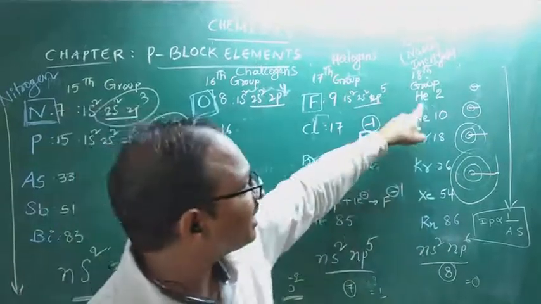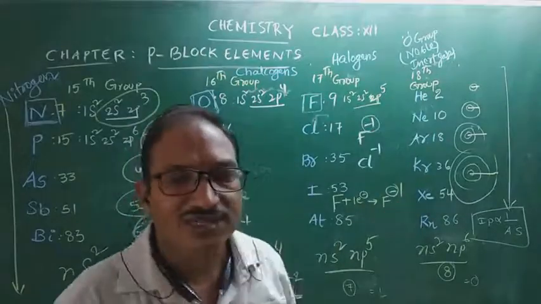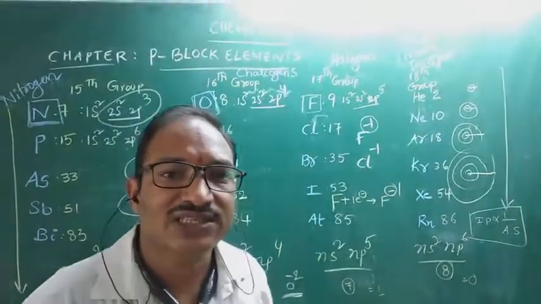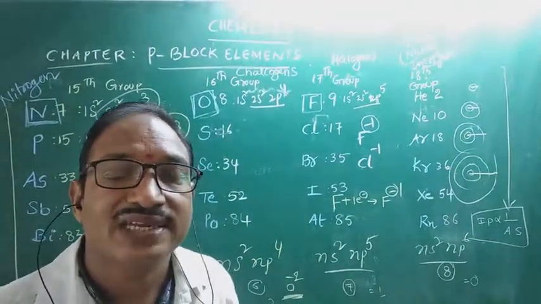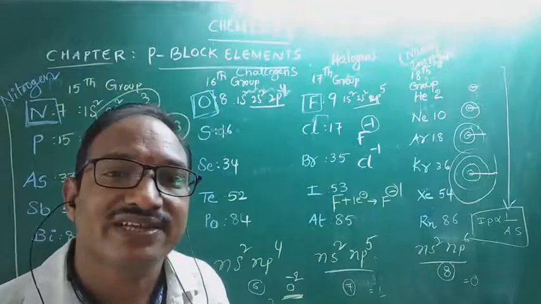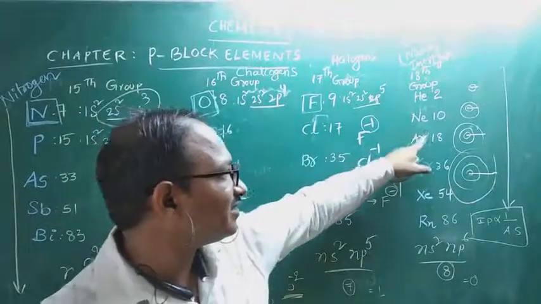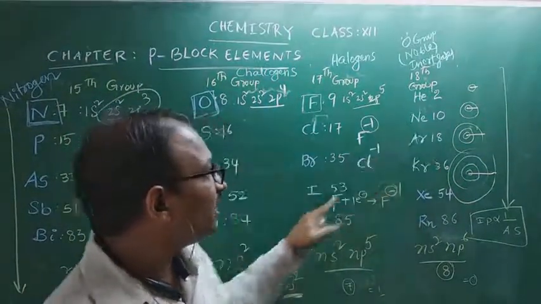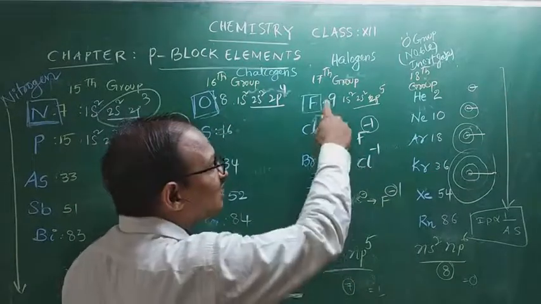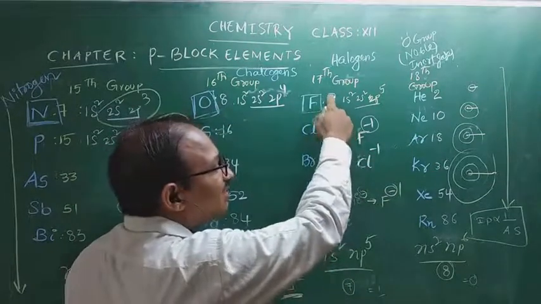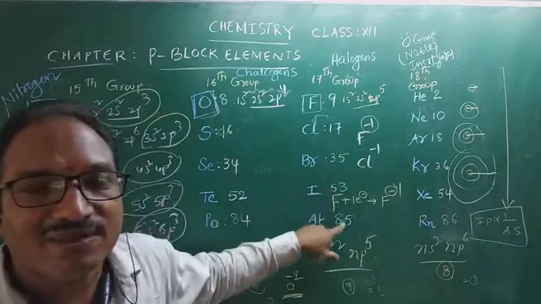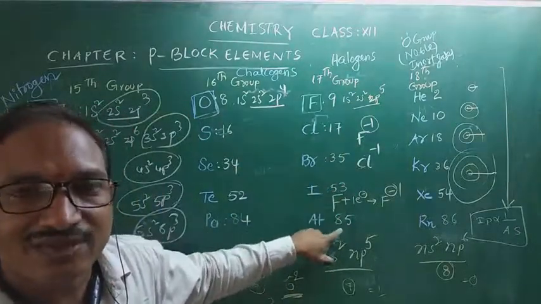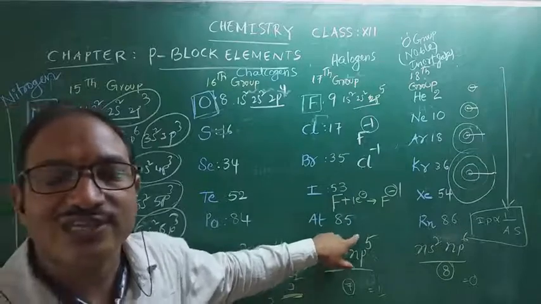But for 18th group elements, if we want to add one more electron, more energy is required. So try to understand the concept here. For example, for 17th group elements, electron gain enthalpy values are negative. Delta H is negative. Why?